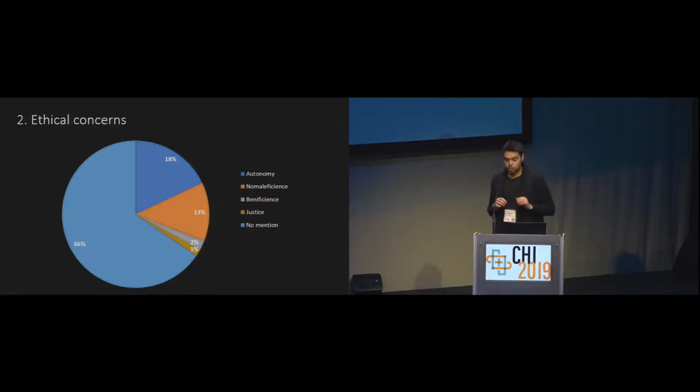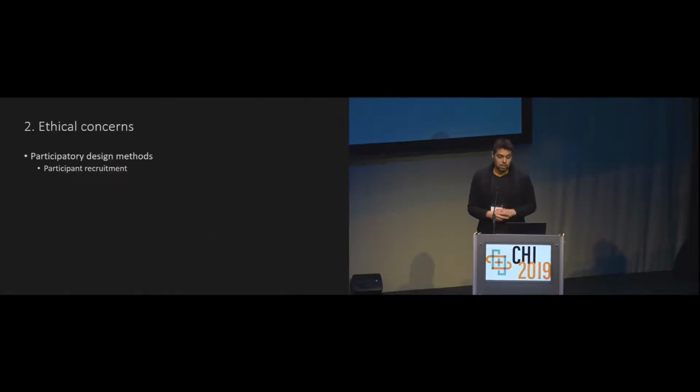So we looked a bit closer into the papers that do mention ethical concerns, and I'm going to share with you some of the best practices that we think are relevant. There is much more in the paper as well. The research that does mention ethical concerns tends to focus on involving users in every stage of the design process.